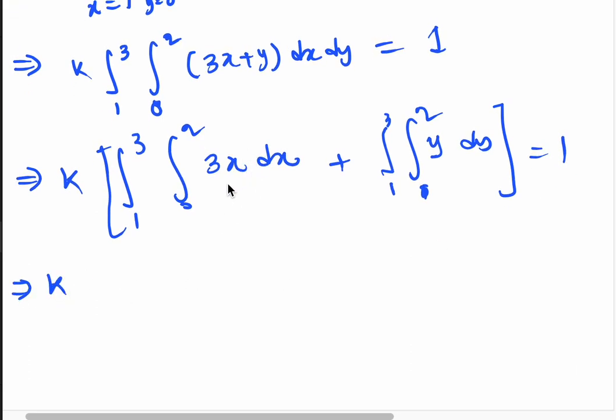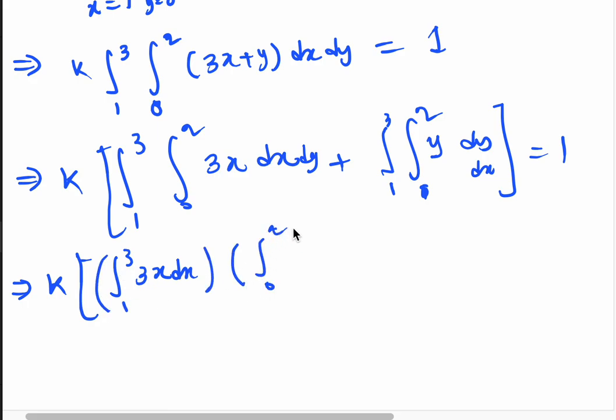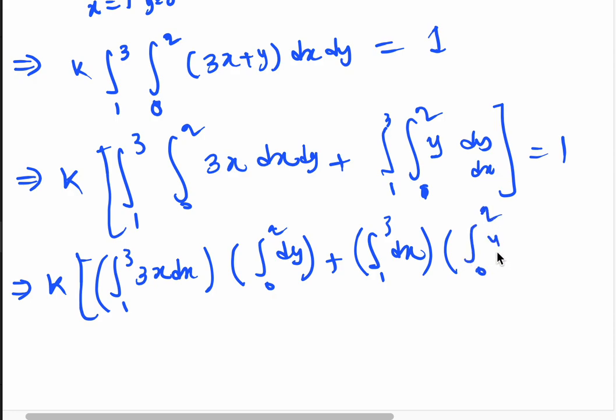Okay, so integrating 3x dx from 1 to 3 into 0 to 2 dy, plus 1 to 3 dx into 0 to 2 y dy, equals 1.